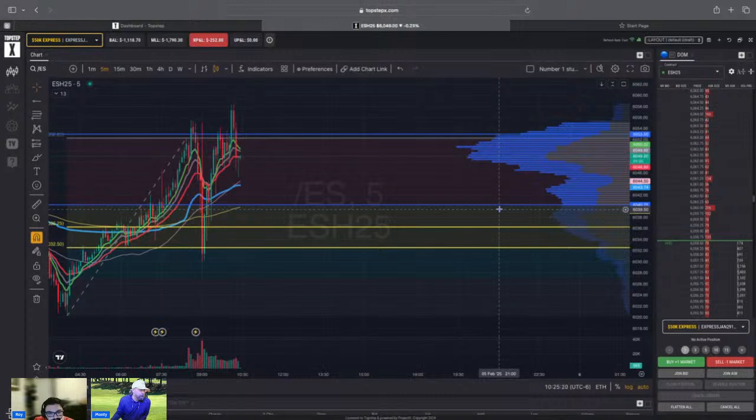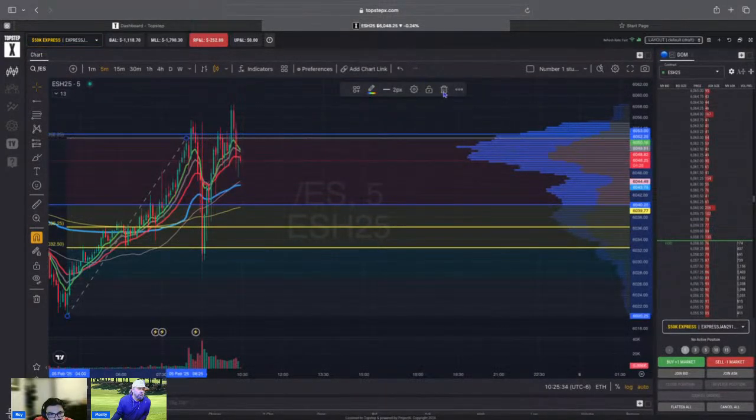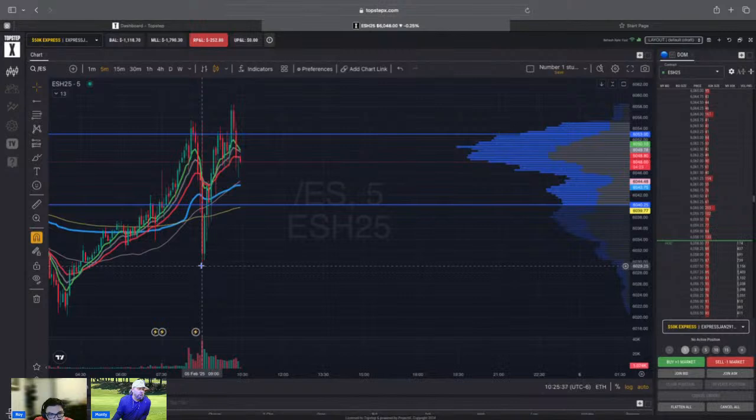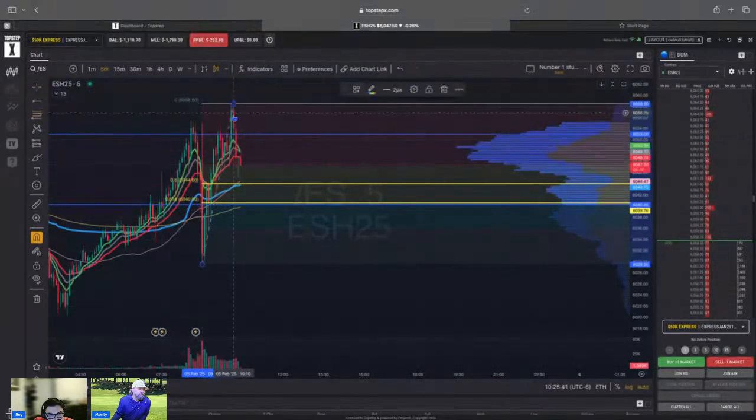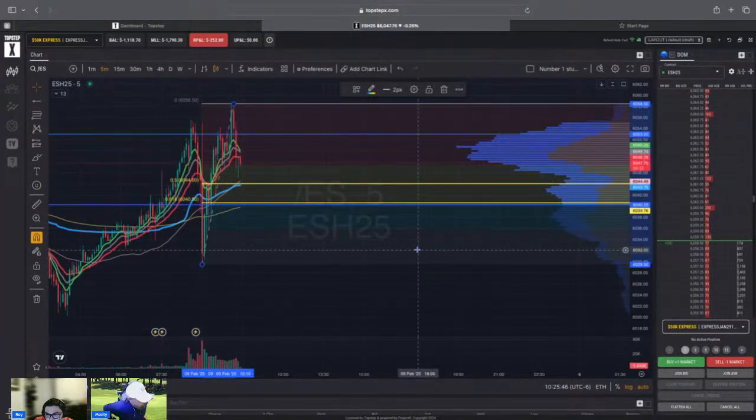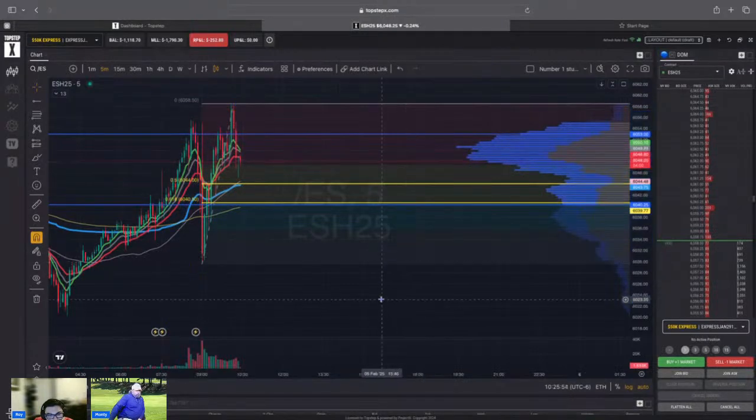Can you redraw your fibs to the bottom, to the regular market session low and high? I can, but you know why these fibs are where they're at. That's the zone. Yeah, I know it's our zone. You want it from here up? Mm-hmm. You want to see where it came in at? Didn't quite get there.